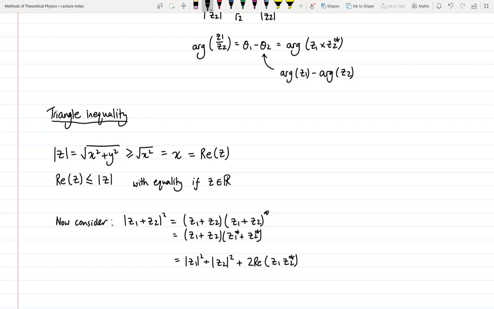Using our inequality from above, we know that the real part of z1 z2 star is less than or equal to the modulus of z1 z2 star. That means that we can write this inequality.